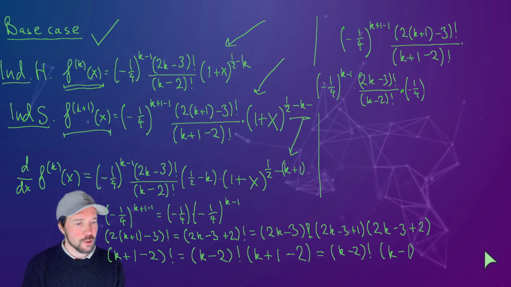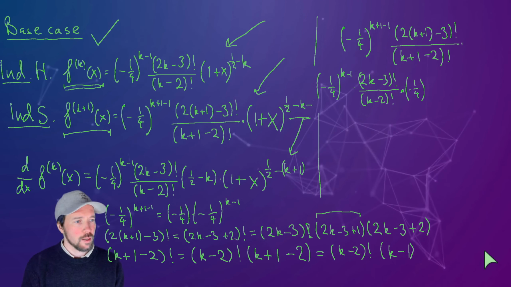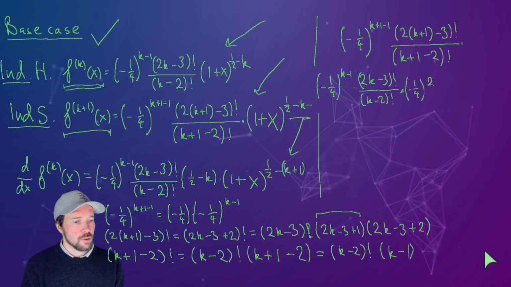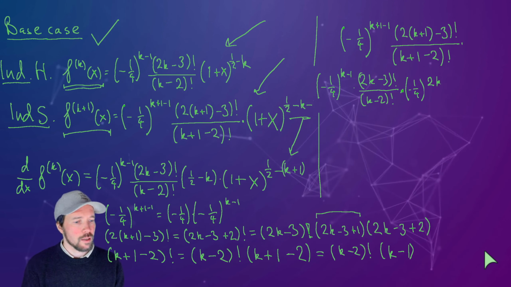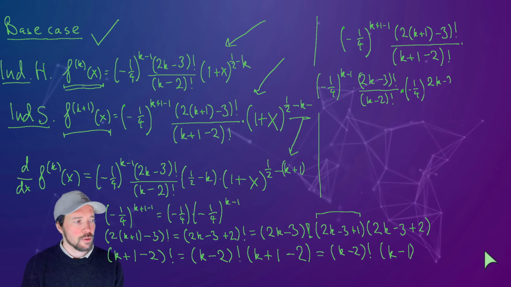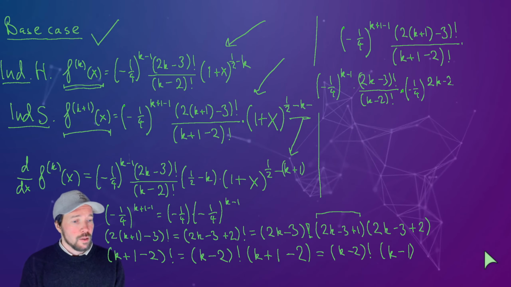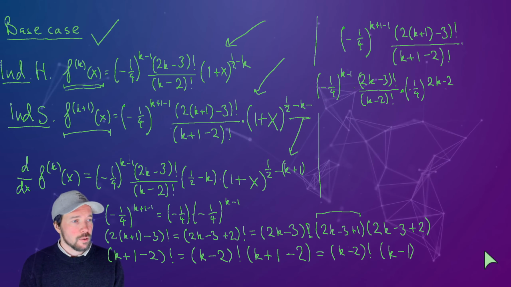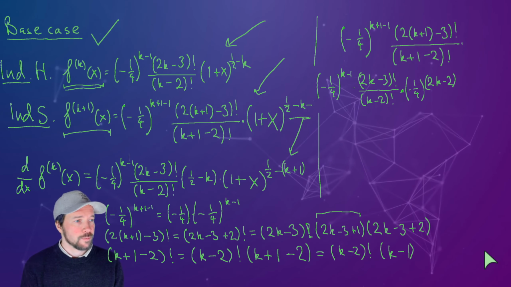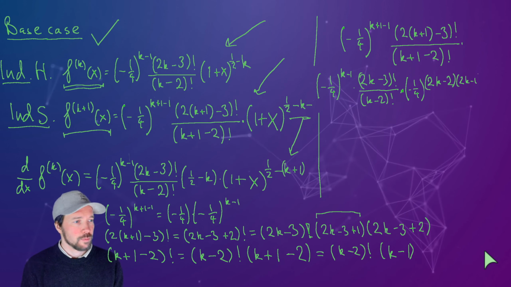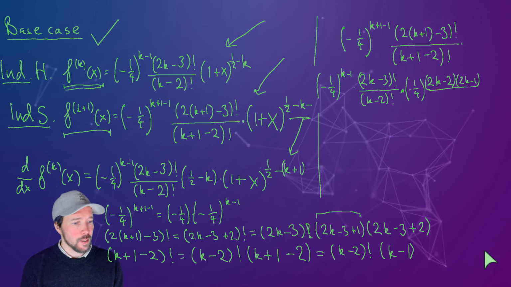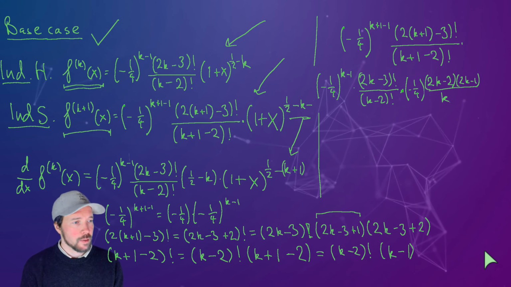So the first term, this one, becomes 2k minus 2, and then the next one is just 2k minus 1, and then divided by k minus 1.